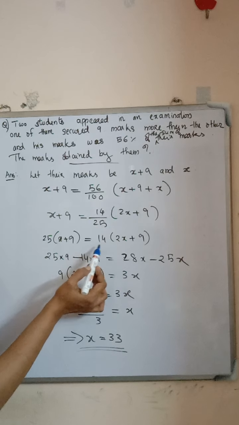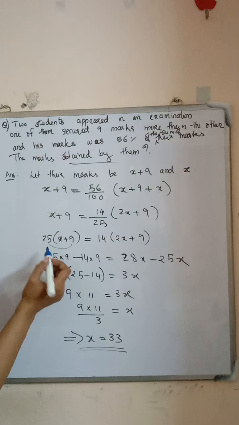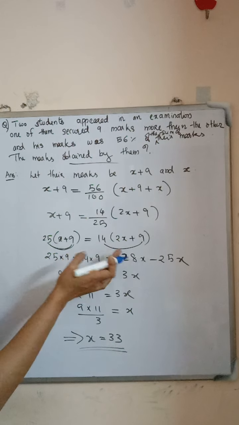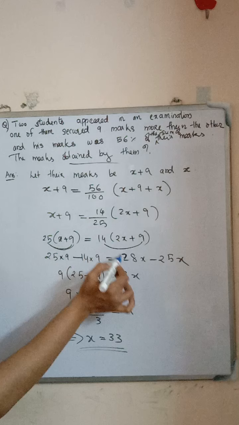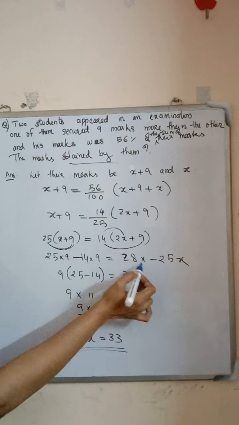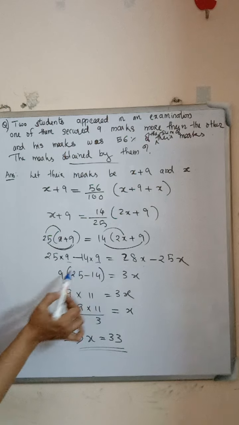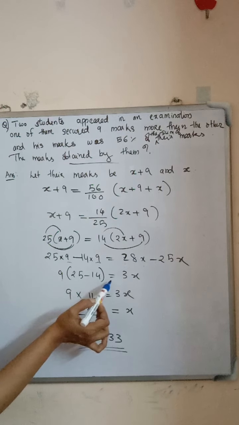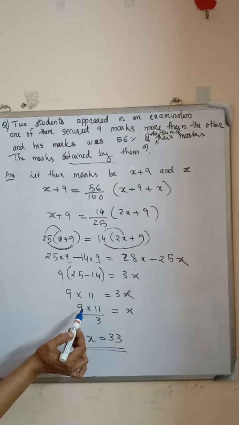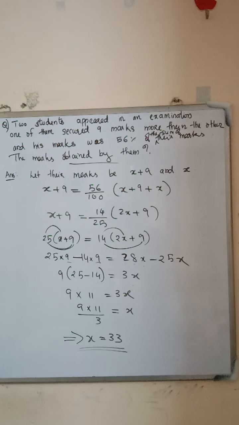So, we take the constant terms on the left side: 25 into 9 minus 14 into 9 equals, taking the variables on the right side, 14 into 2, 28x minus 25x. Taking 9 outside, 9 into (25 minus 14) equals 28x minus 25x, which is 3x. So 9 into 11 equals 3x. 9 into 11 divided by 3 is equal to x. Therefore, x is equal to 33.